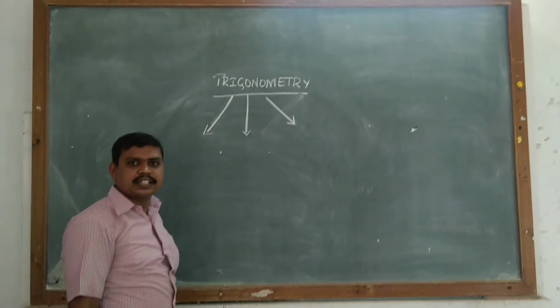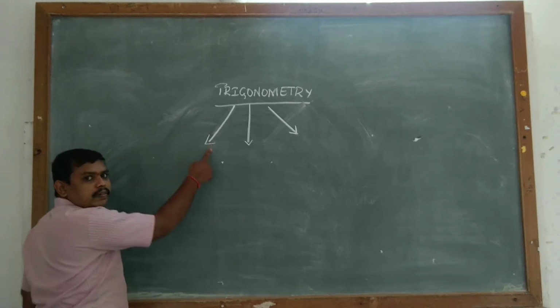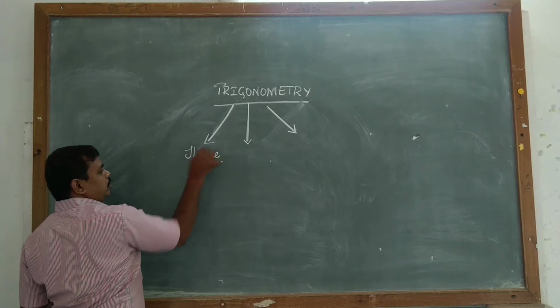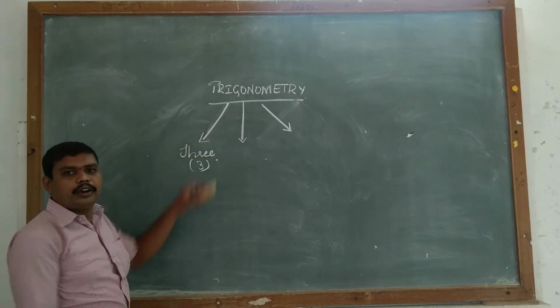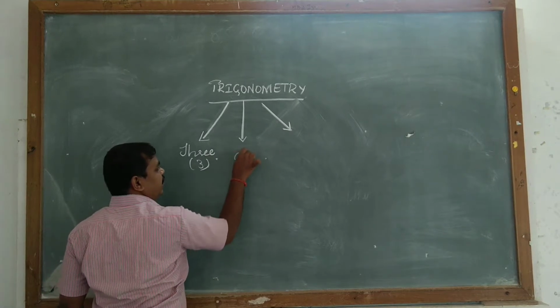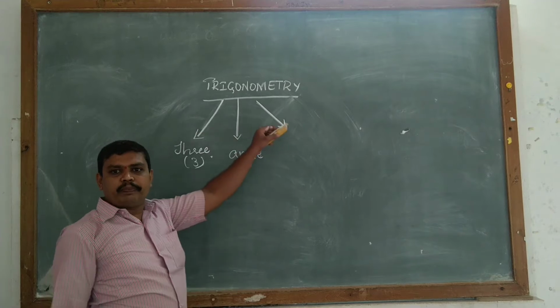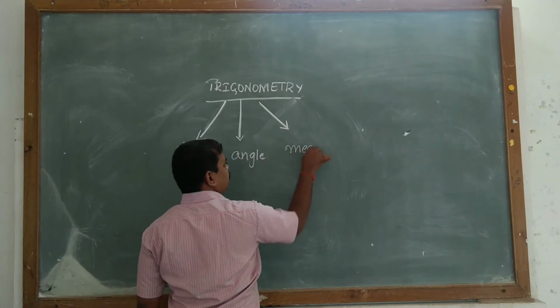Okay, I just drew an arrow on the screen. What is the meaning of tri? Tri. Gno means angle. What is the meaning of metry? It is measure.